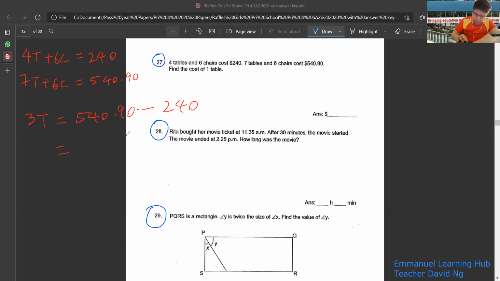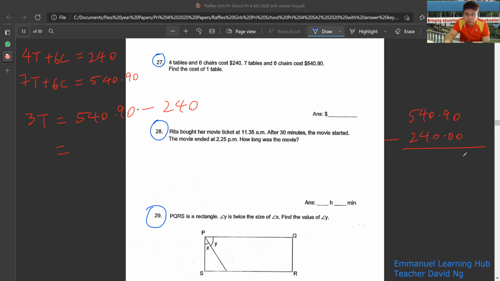So what's the answer? This one I minus off, what's the answer? No. Okay, let's do together. 540 and 90 cents minus 240. Okay, this one what's the answer?